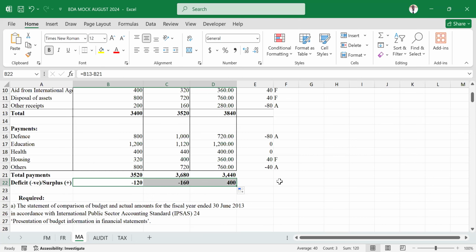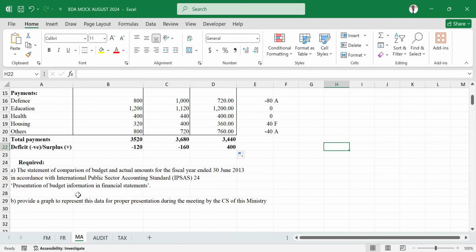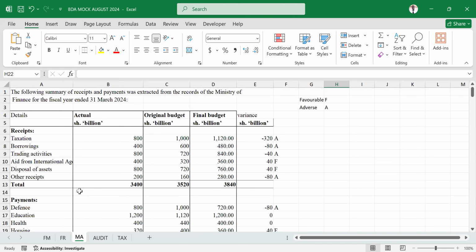Good. You should not deviate from what we are looking at. Remember, the required part is telling us to prepare a statement of comparison of budget and actual amounts for the fiscal year ended 30th of June, 2013. Budget and actual amount, right? So we've done the comparison of actual and final to come up with the variance.